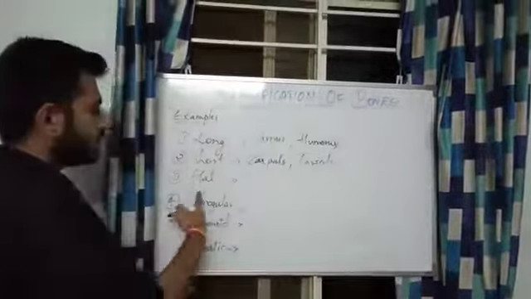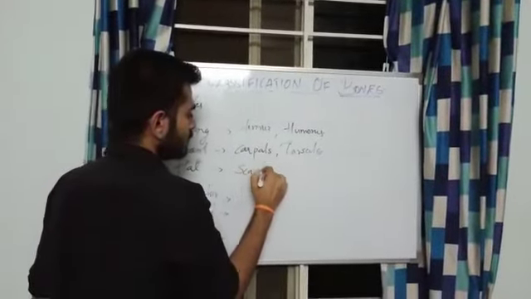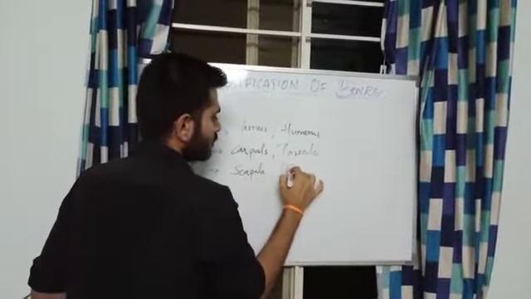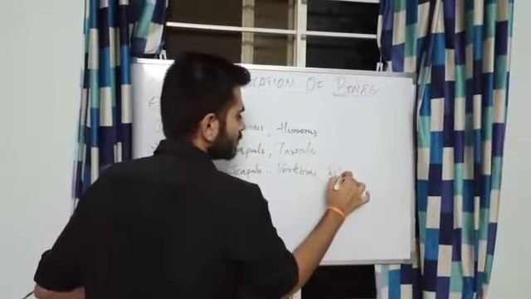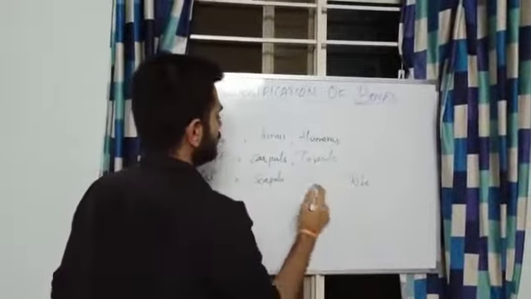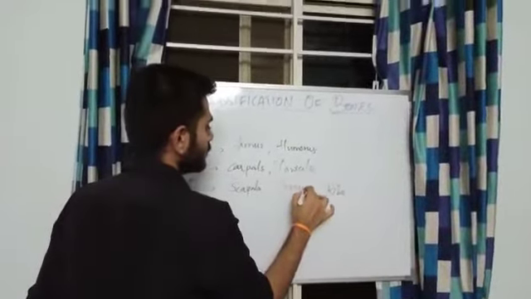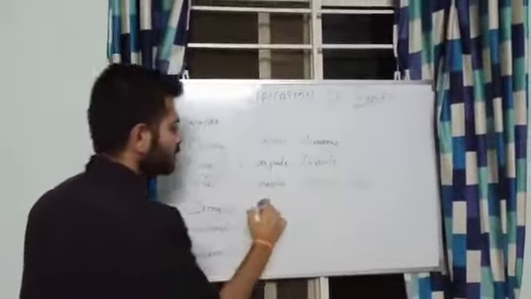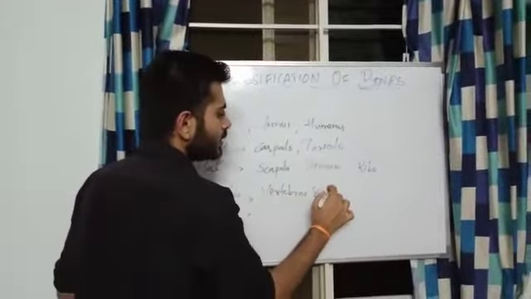Coming on to the flat bones, examples of flat bones are scapula, vertebrae and the ribs. Here we have the sternum. Coming on to irregular bones, we have the vertebrae and the bones of skull.